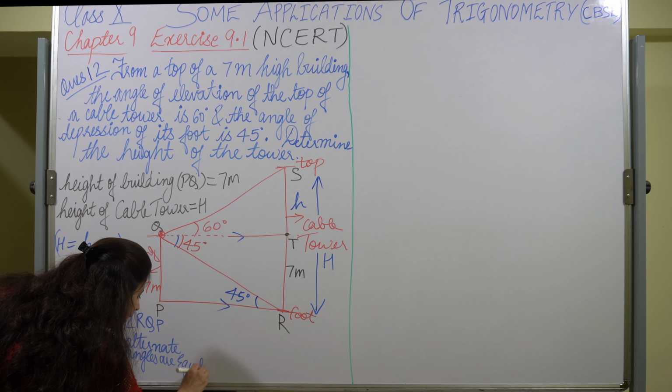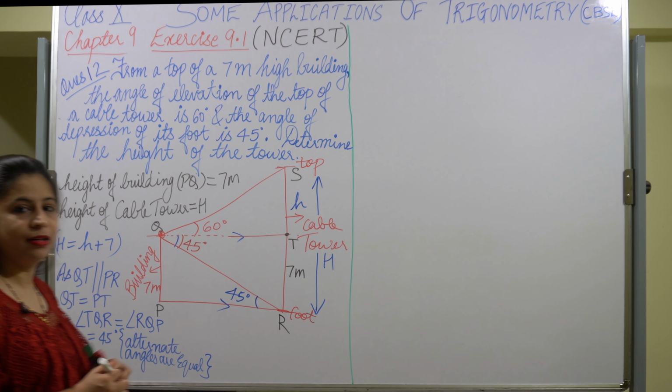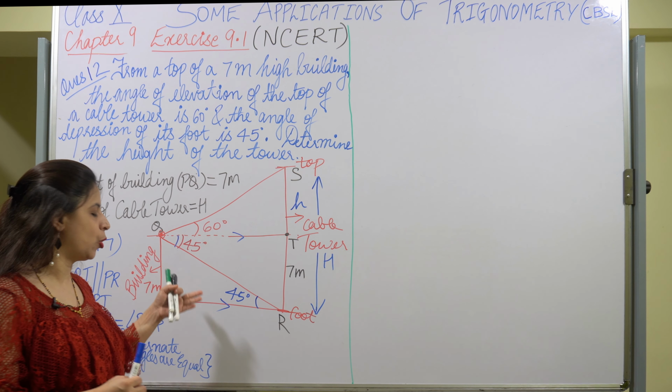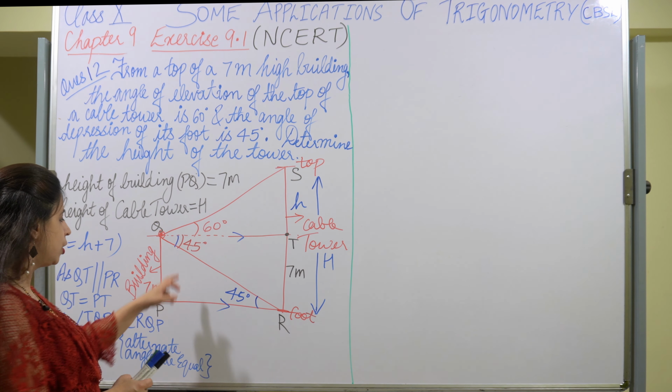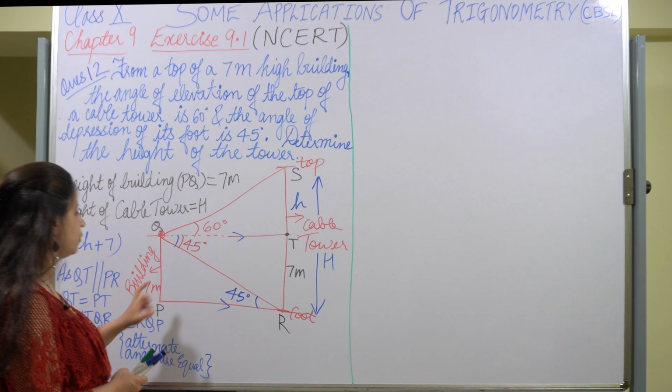We have already learned about the types of angles, all the angles which parallel lines form, the corresponding, alternate, etc. So here they are forming alternate angles, so they are equal over here. Okay, so we have got this.